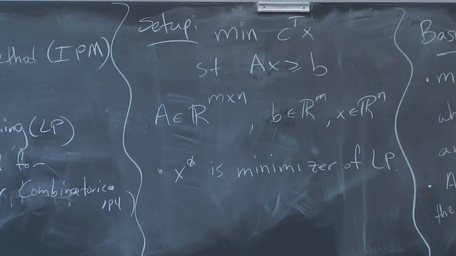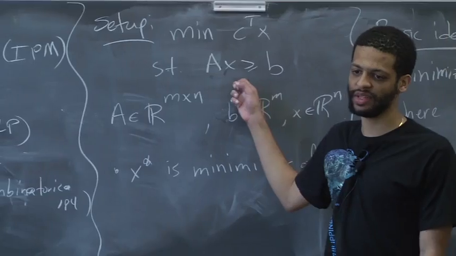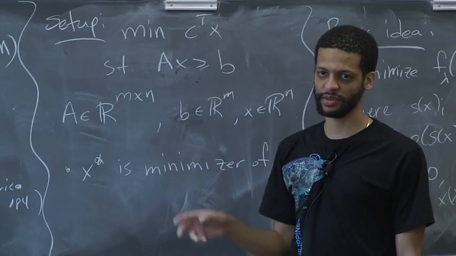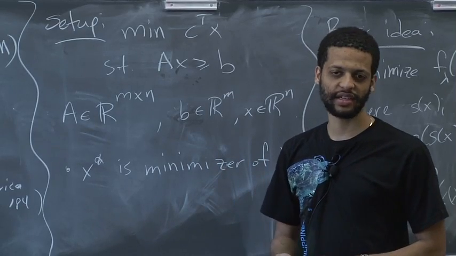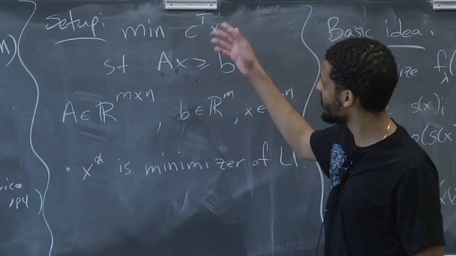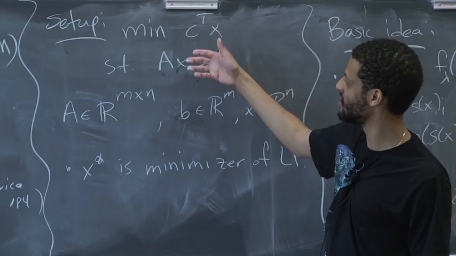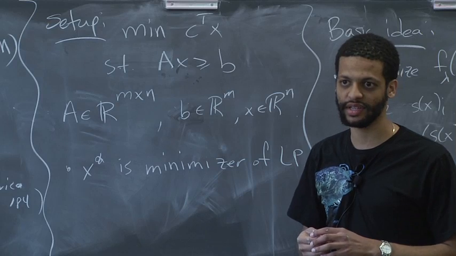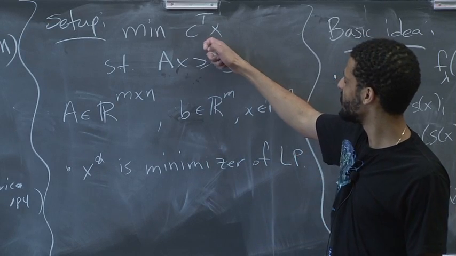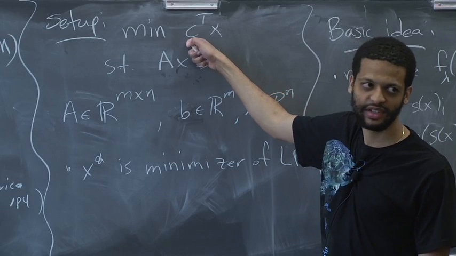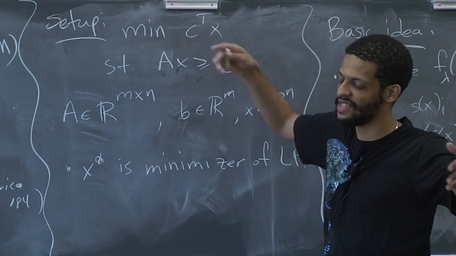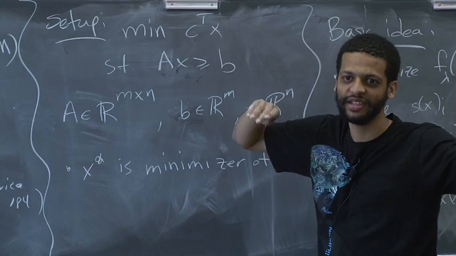I'm not going to spend too much time on this, but you can assume that if this thing is feasible and bounded, the minimizer is a unique vertex. There's only one vertex which achieves the minimum. We discussed earlier that this LP obeys some precision, like all the entries have L bits of precision. What you can do is create a new cost vector where you add random noise at the 10L bit of precision and beyond.